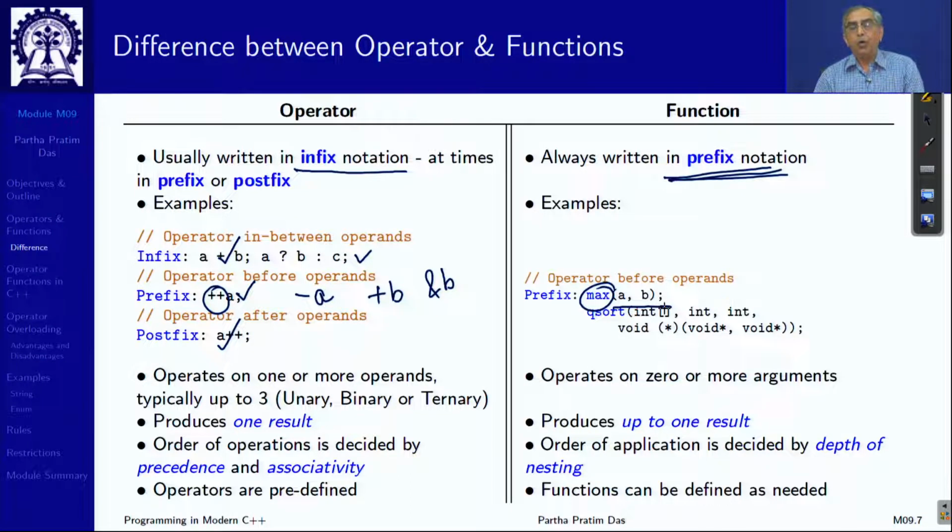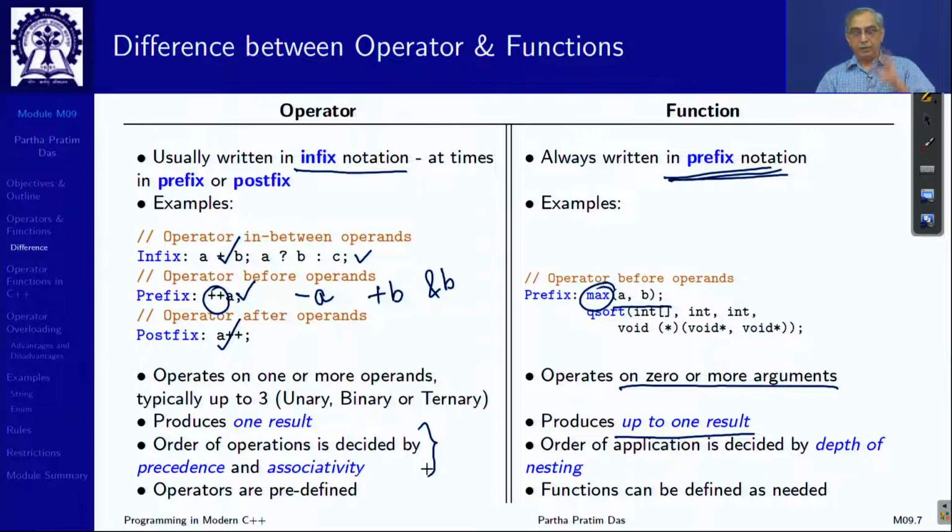Now, in functions we also have some more differences with the operator. For example, a function may not take an argument, or may take more than 3 arguments also, it can take any number of arguments. It produces up to one result. An operator will always produce one result, but a function may produce one result, or may not produce a result also; it can return void. In an operator, when I write an expression, the order of application of the operators is based on precedence and associativity.